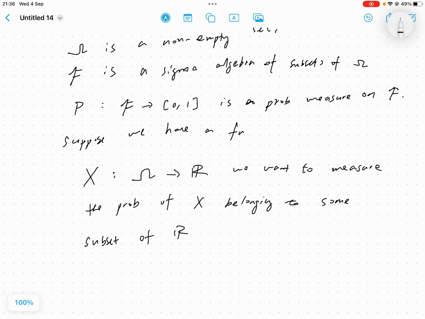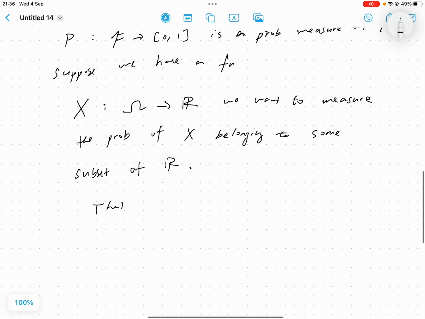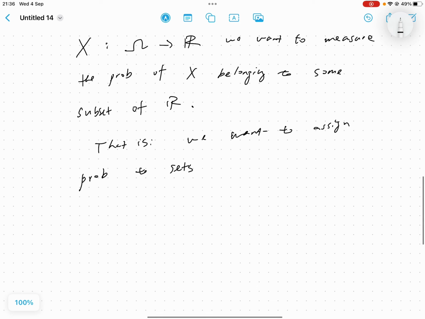This function, and we want to discuss some probabilities on this X. So it means that we want to assign the probabilities to some sets in some forms.